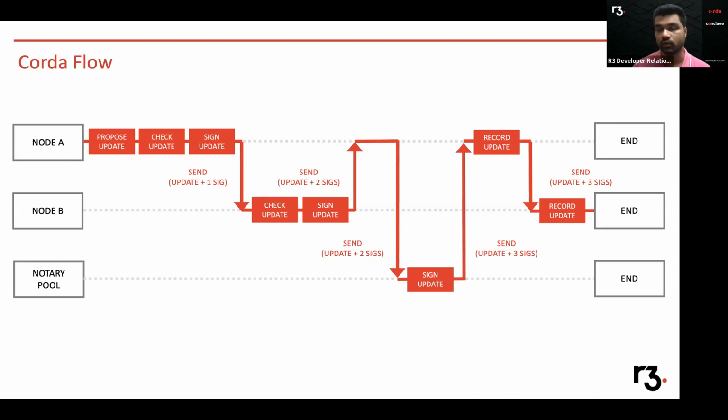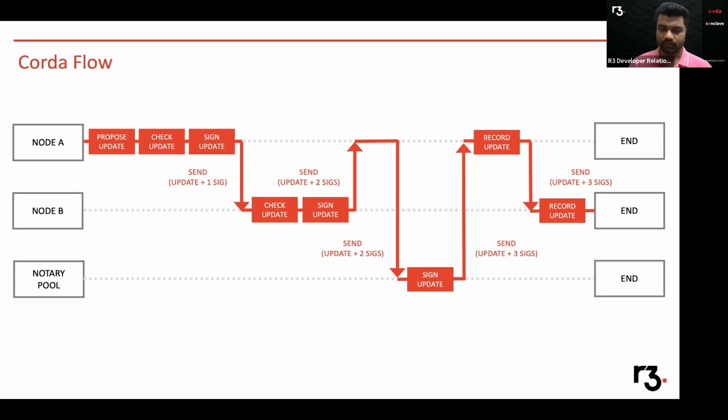Finally, once all the signatures are collected, the transaction goes to the notary, where they will check for double spend. Once that's correctly validated, this transaction can be recorded onto the ledgers of individual participants. And that's how your transaction completes in Corda.